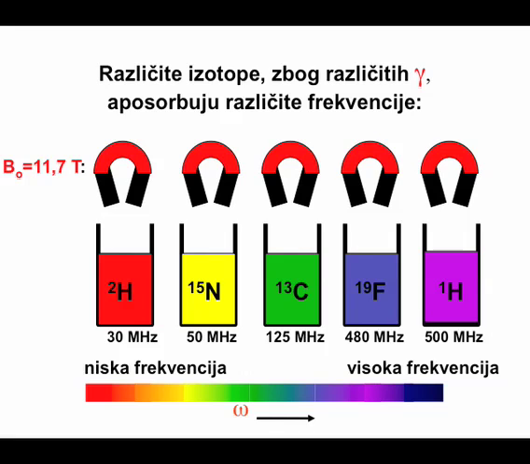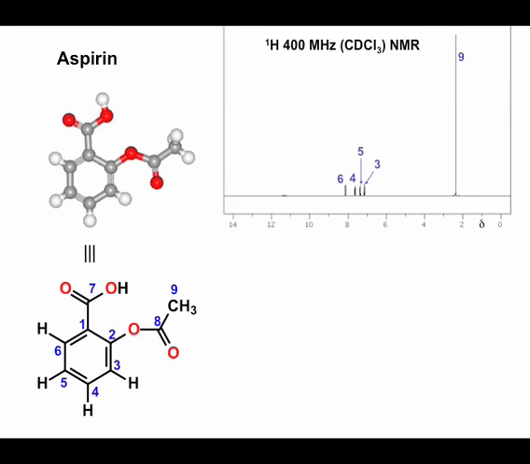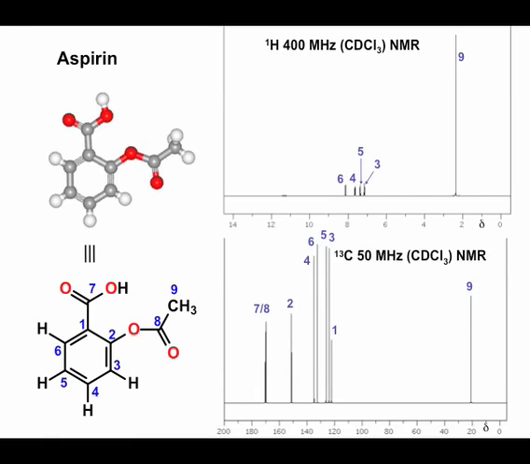And I would like to say that the compound is put between the poles of a strong magnet, and what's important is that it is possible to do various isotopes that are important, H, C, and F. They all have isotopes that are active and subject to the experiment of NMR. So all of these elements that are of interest to us for organic molecules can be done with NMR.